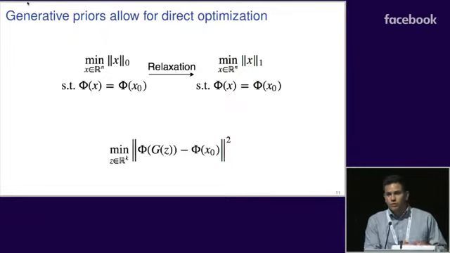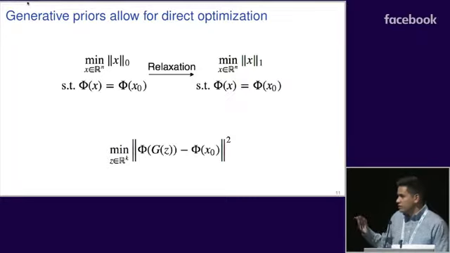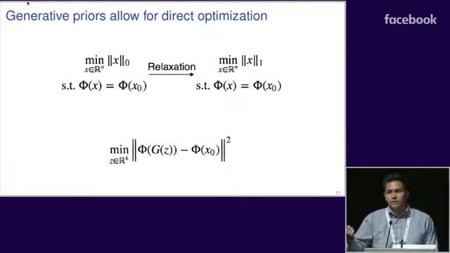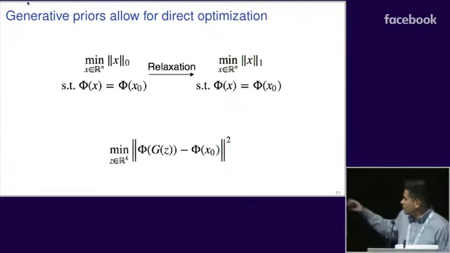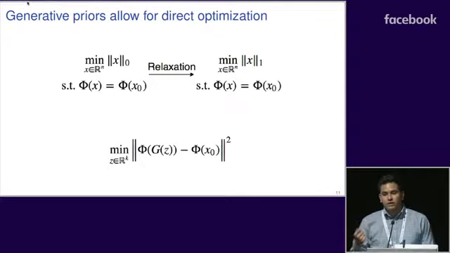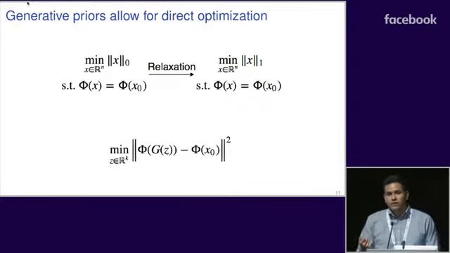This is great when you have linear measurements, but this may not be possible with nonlinear measurements. So what you can do with the generative model instead is directly optimize this optimization problem where phi can be linear or nonlinear. And also, when you're looking at this convex surrogate formulation here, if you have nonlinear measurements, penalizing the L1 norm of your solution has been shown to fail, or appears to fail, in certain problems.